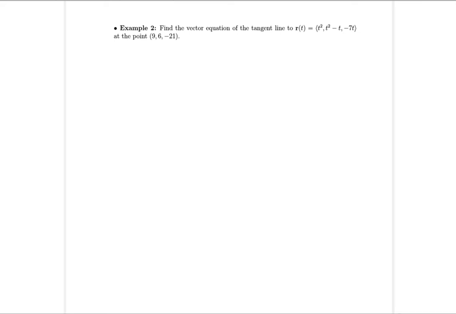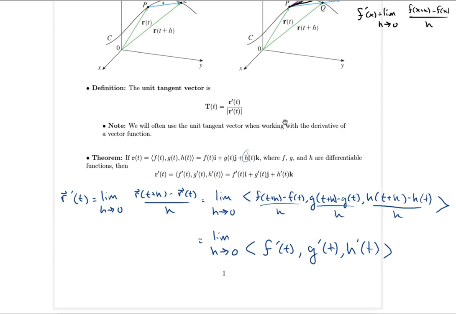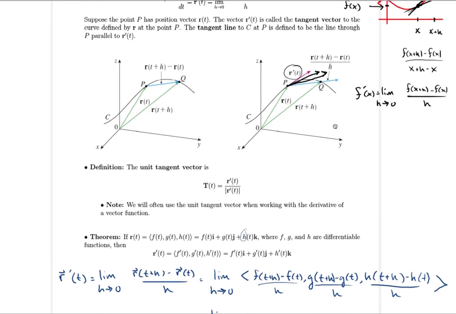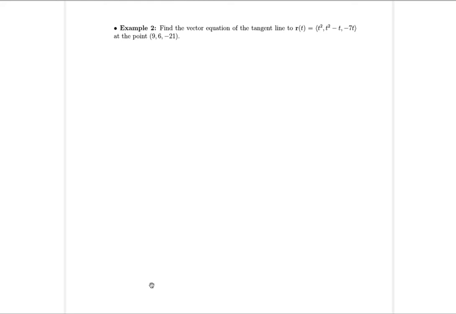Okay. So let me go back to this picture here on the front page. Let's draw a picture of what it is that we're doing. Let's reproduce the picture here in a rough sense. So here's my curve, and here's the point that I want to find a tangent line at.